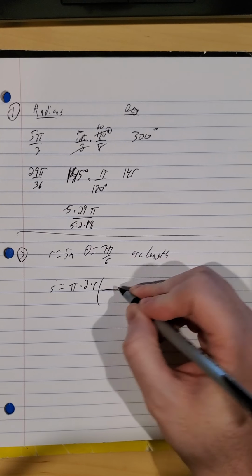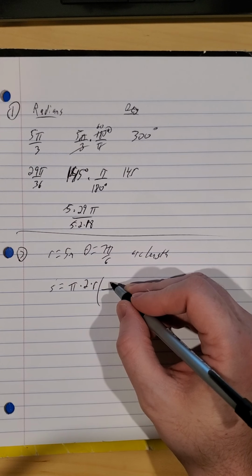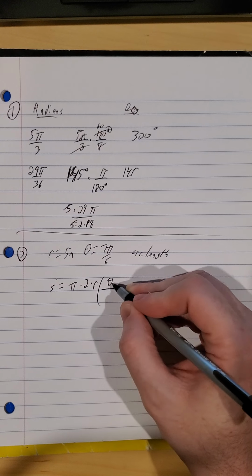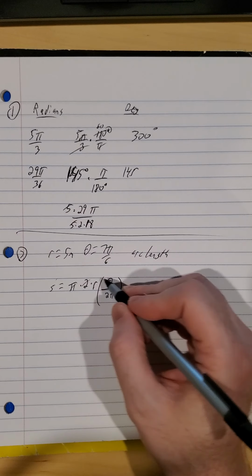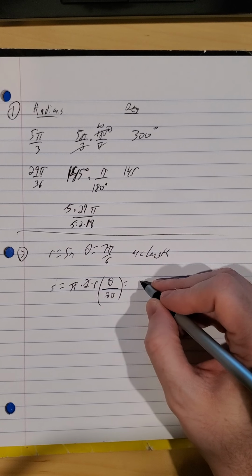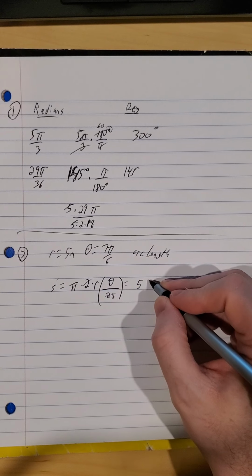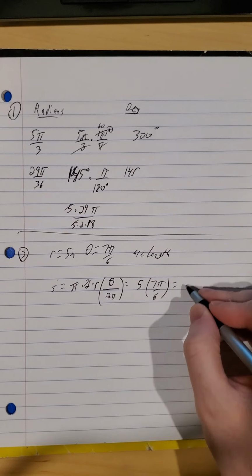And then we're looking at what fraction we have out of the full lap around. So we have theta out of the full trip around, which is 2 pi. So the 2 and pi drop. R times theta is our arc length. So radius of 5 in meters, angle 7 pi over 6. So this would be 35 pi over 6 in meters.